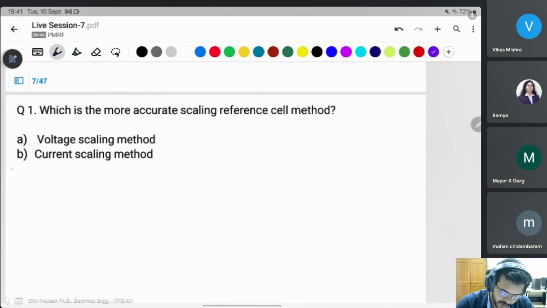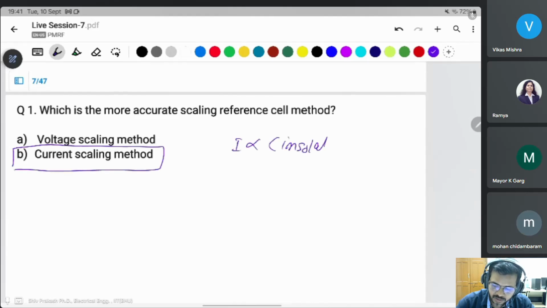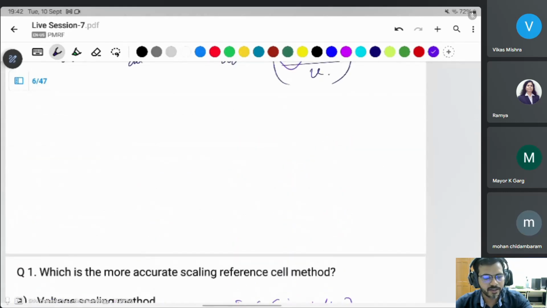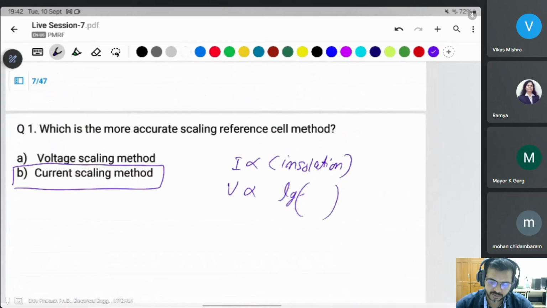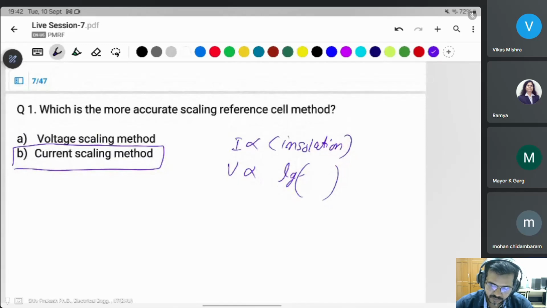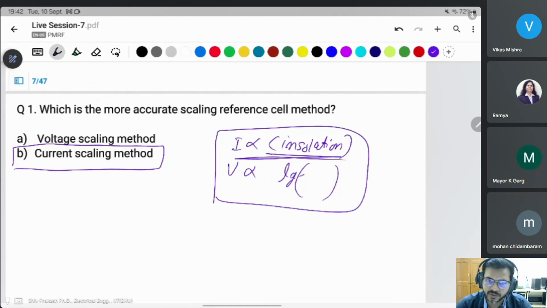Current scaling method, because the current is directly proportional to insolation, but the voltage has a logarithmic relationship. The power slope method, I will explain later in the question. That's why the current scaling method is accurate.